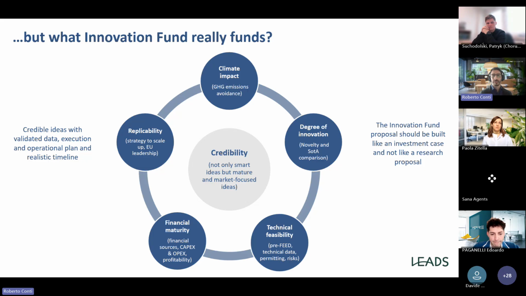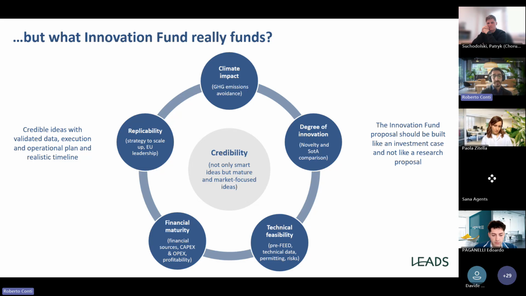technically feasible, so including a solid level of technical and operational maturity. That means front-end engineering design, so feasibility study, technical data, permitting, and so on. We can see more in detail later, and also in the next presentation by a colleague of mine, Paola Stella.